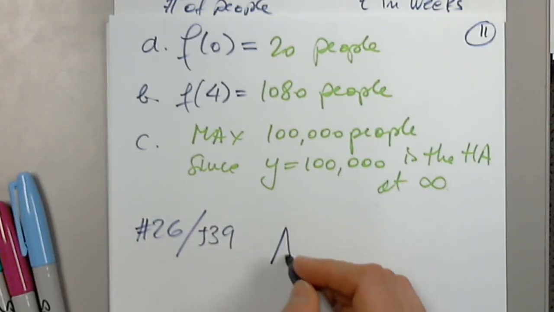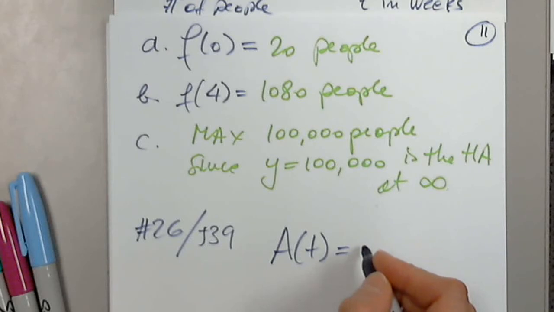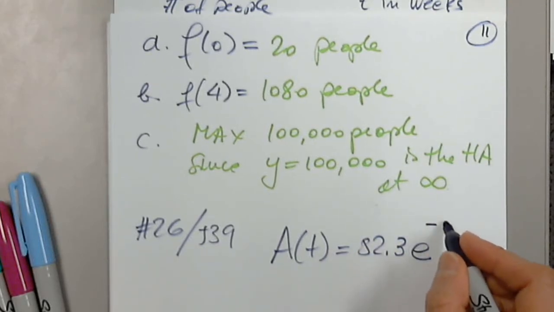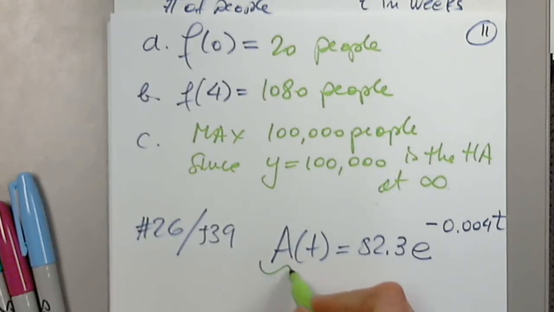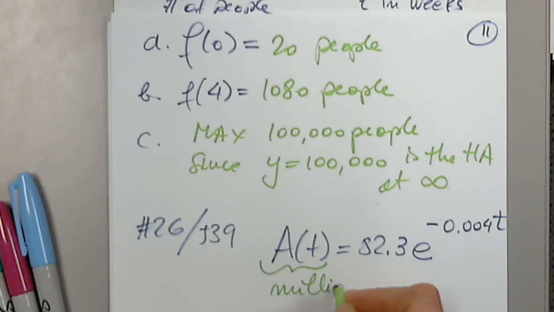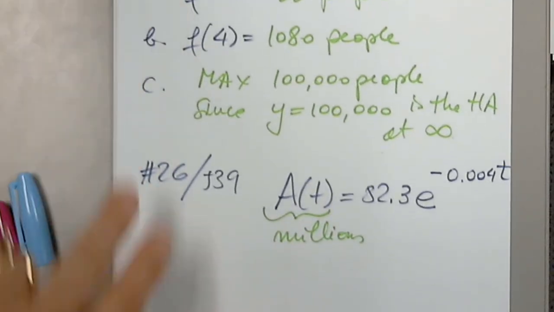The function A of t equals 82.3 e to the negative 0.004 t. Since it's negative, it's an exponential decay. It models the population of Germany, A, in millions, and t is in years after 2010.